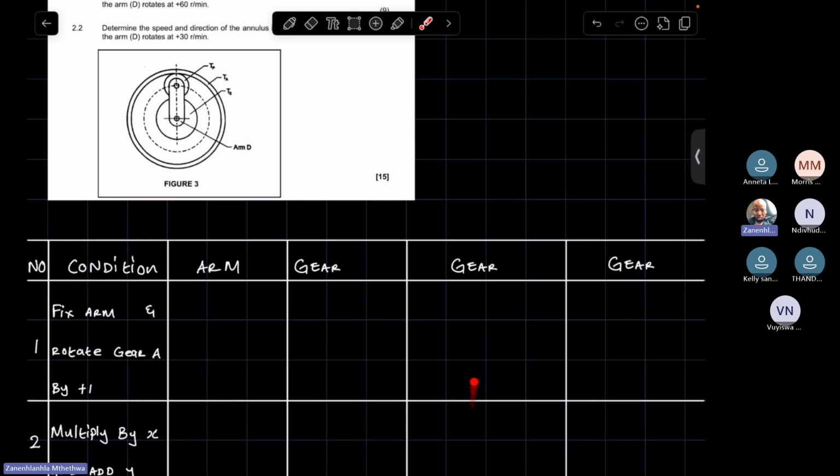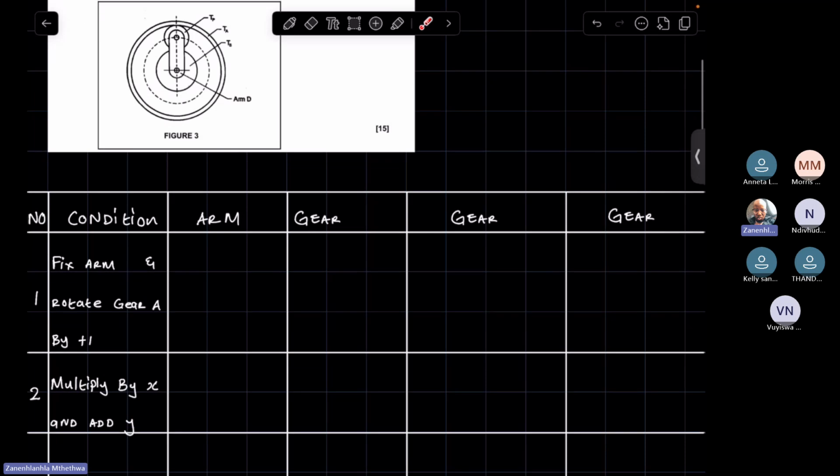Because remember, if gears are fitted with the same shaft, what does that tell us? It tells us that the two gears are going to rotate at the same rotational frequency as the shaft, and also rotate in the same direction.